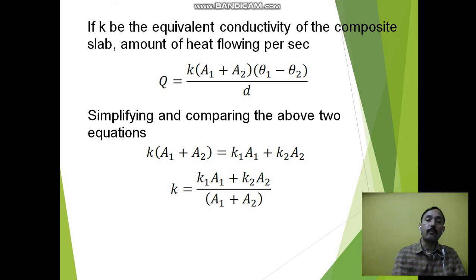So K equals (K1 A1 plus K2 A2) by (A1 plus A2). This is the equivalent thermal conductivity when the two slabs are in parallel.